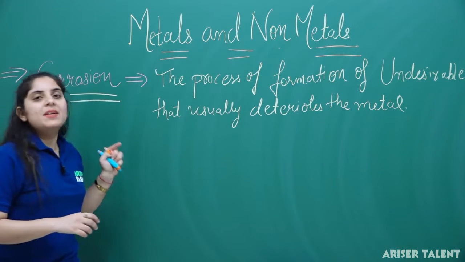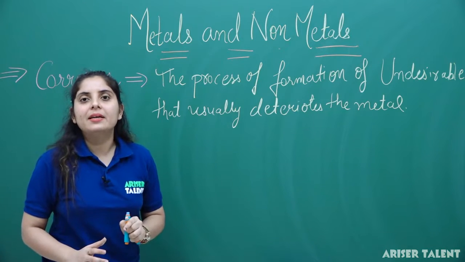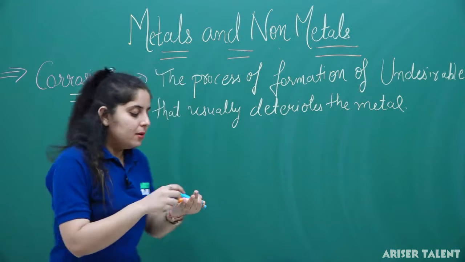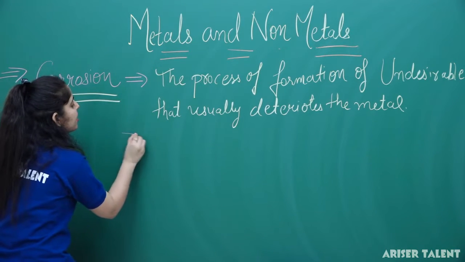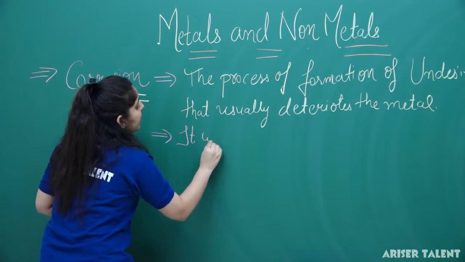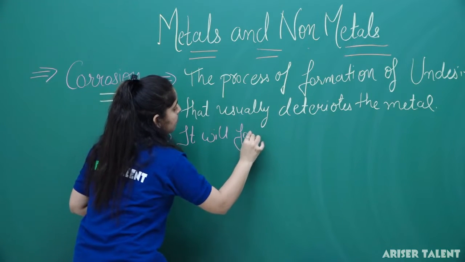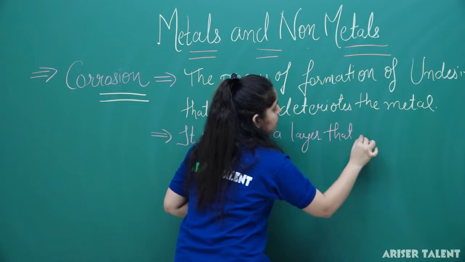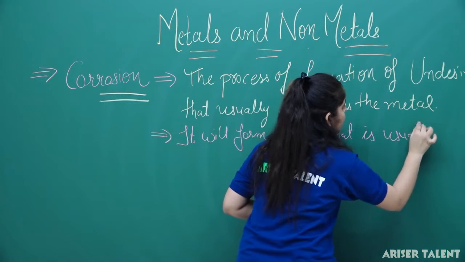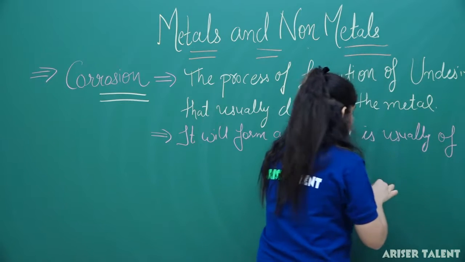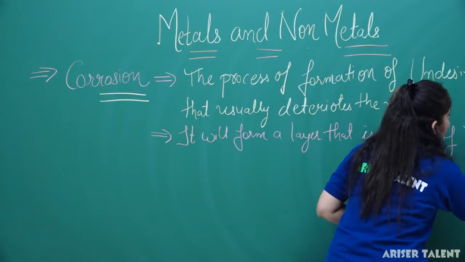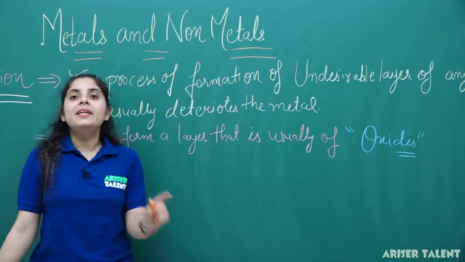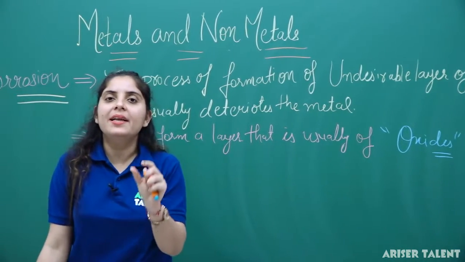The layer that is formed above the metal is usually of oxides. So the complete characteristic or property of the metal gets deteriorated.